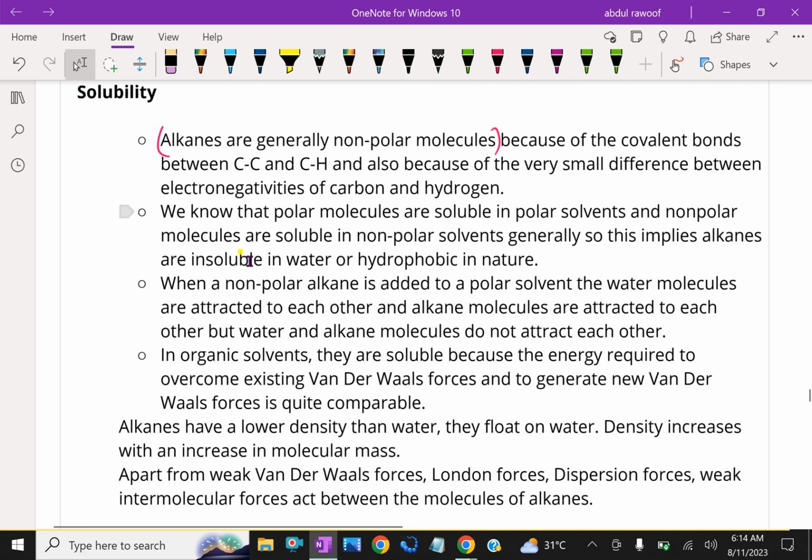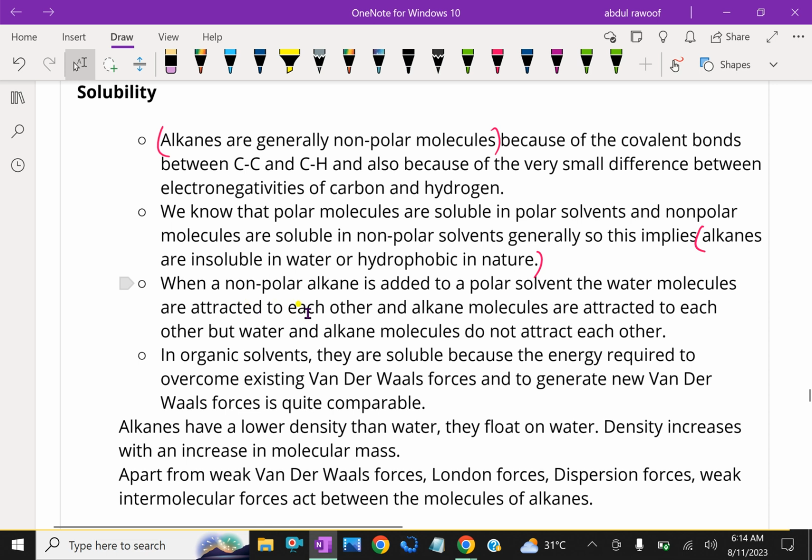We know that polar molecules are soluble in polar solvents and non-polar molecules are soluble in non-polar solvents in general. So alkanes are insoluble in water, that is, hydrophobic in nature.